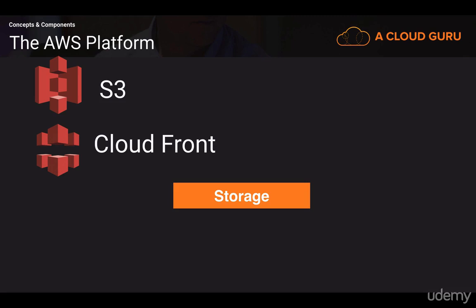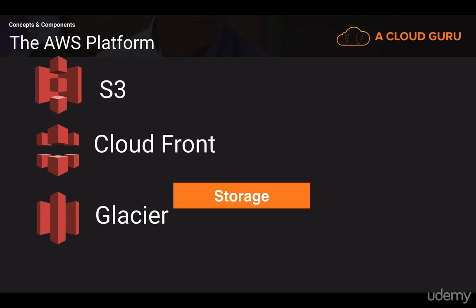For example, I could have my files stored centrally within Ireland, but if a user in Australia decides to access those files, they can be cached in Australia, so that if another user then goes to access those files, they only have to pull the files down from the cache or from the edge location in Australia. They don't then have to go back to Ireland. And CloudFront is a fairly big portion of the exam, so we do have some labs on CloudFront later on in the course.